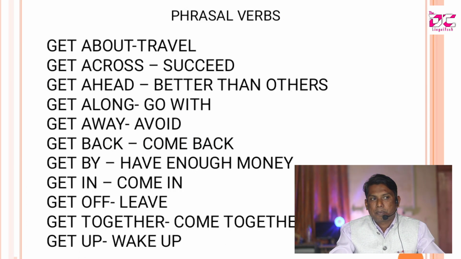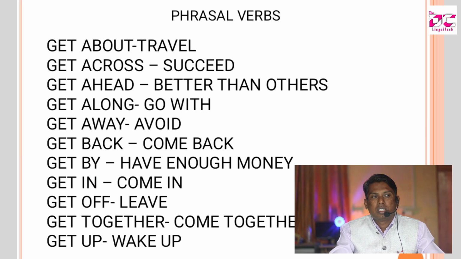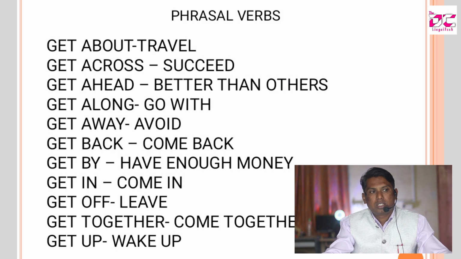Phrasal verbs: when we say get about, it means to travel. Get across, succeed. Get ahead, better than others. Get along, go with. Get away, to avoid. Get back, come back to your work. Get by, have enough money. Get in, like come in.